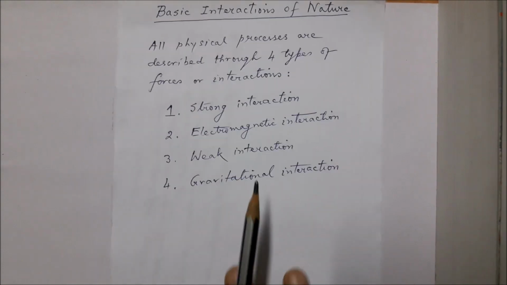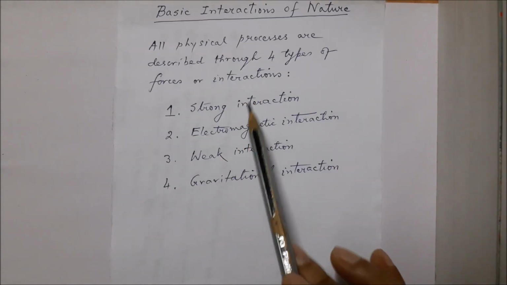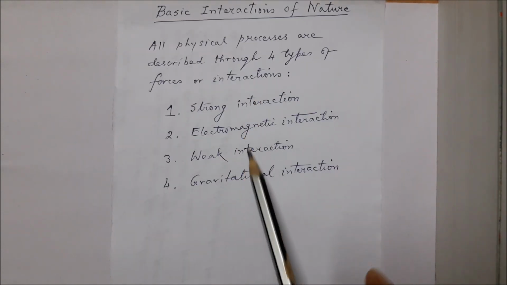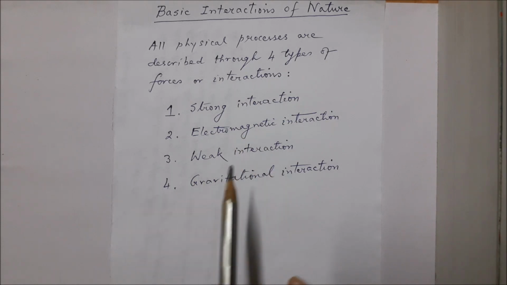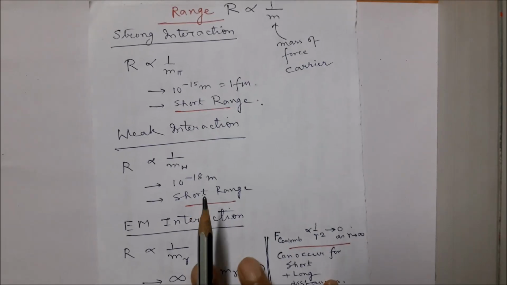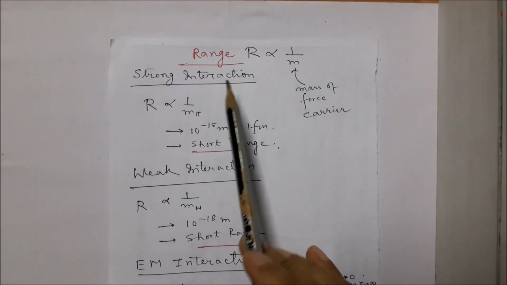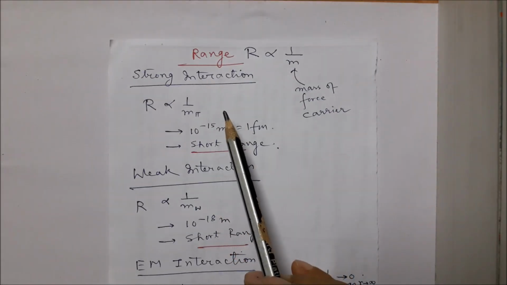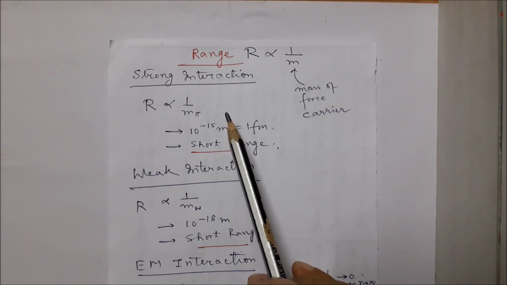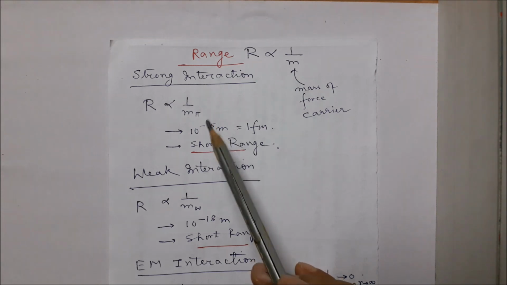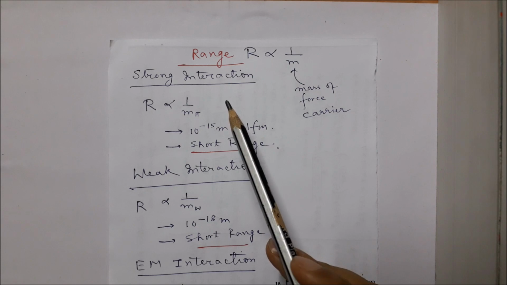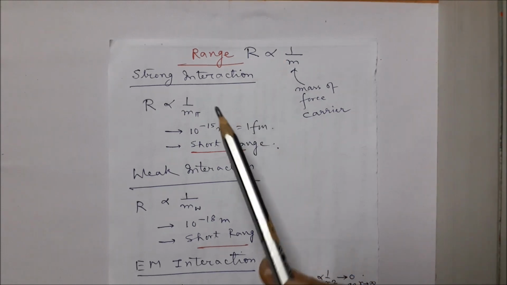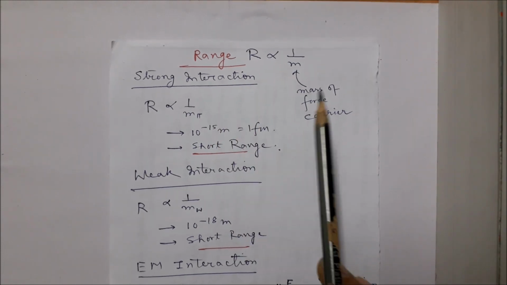Now we will come to the range of interactions. Range refers to the extent or the distance over which the force is effective. It's the distance which one must go near the source to feel the effect of the interaction.